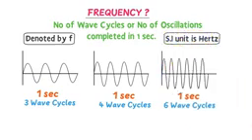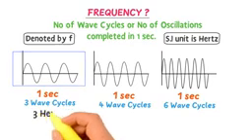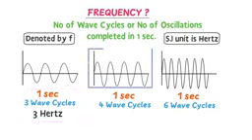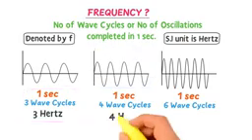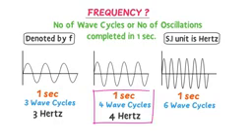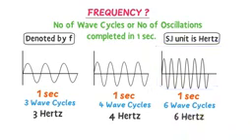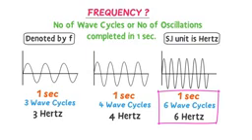Thus, the frequency of this wave motion is 3 Hz because it completes 3 oscillations in 1 second. The frequency of this wave is 4 Hz because it completes 4 oscillations in 1 second. And the frequency of this wave is 6 Hz because it completes 6 oscillations in 1 second.